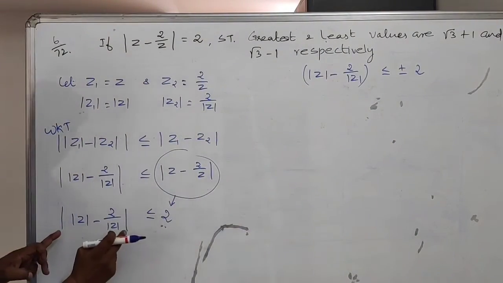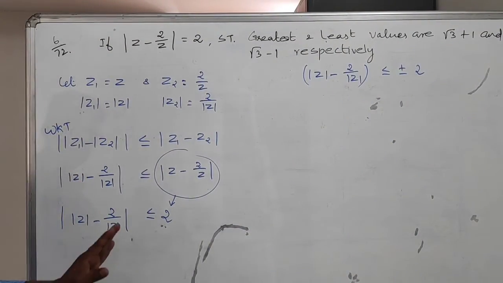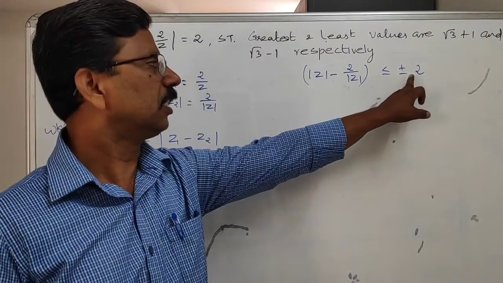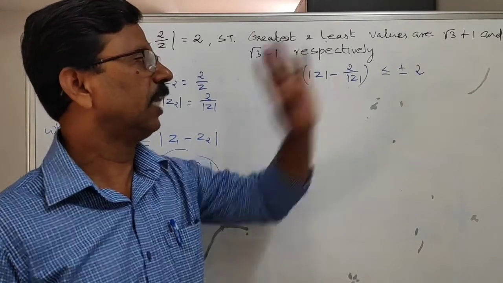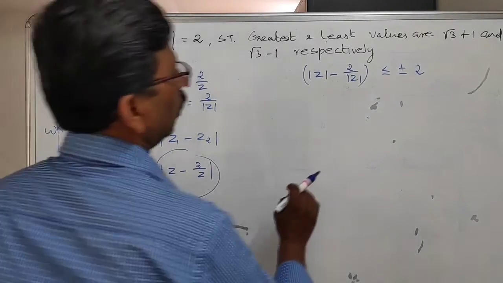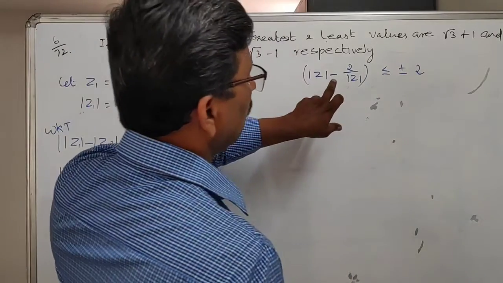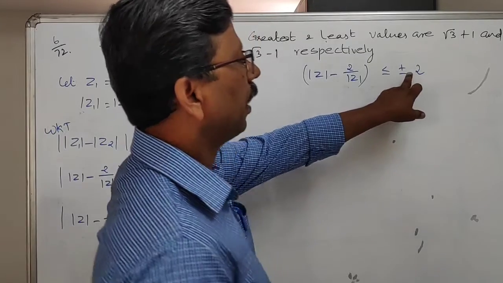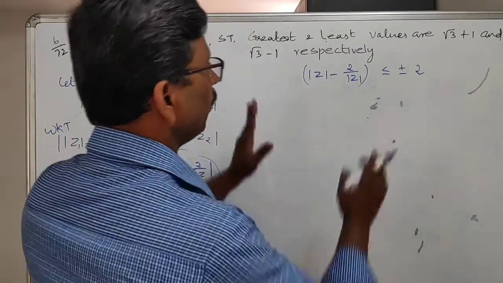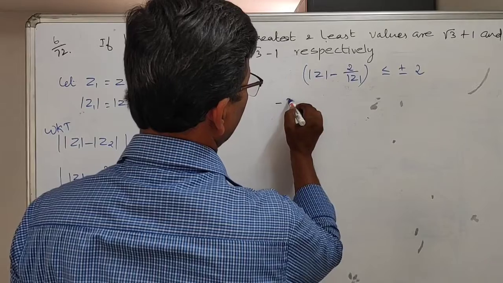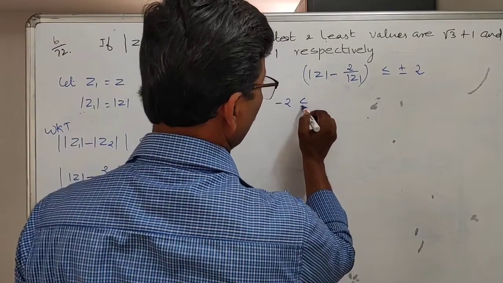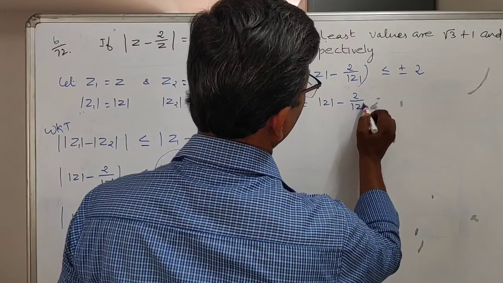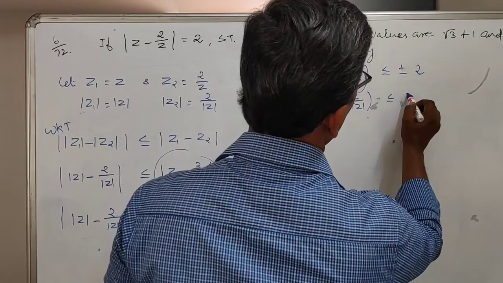If you remove this modulus, you can put plus or minus on either the left hand side or the right hand side, any one of these two sides. After that we have two cases. Modulus Z minus 2 by Z less than or equal to plus or minus 2 means this can be written as minus 2 less than or equal to modulus of Z minus 2 by modulus Z, less than or equal to 2.